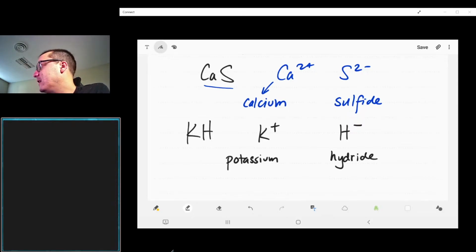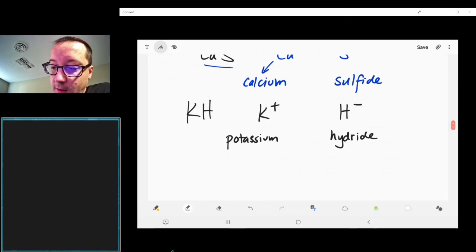All right, hopefully so far nothing too crazy here. We're going to see we can also throw in polyatomic ions. But first, let's talk about how to come up with these formulas based on the ions that you're given.